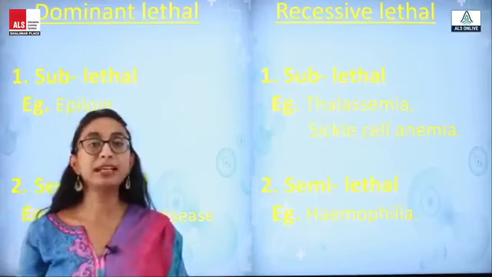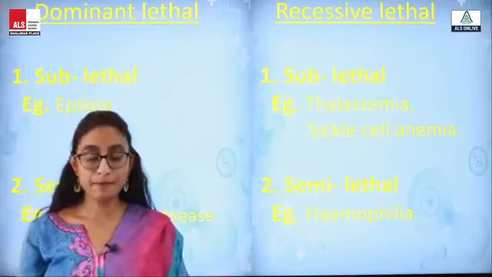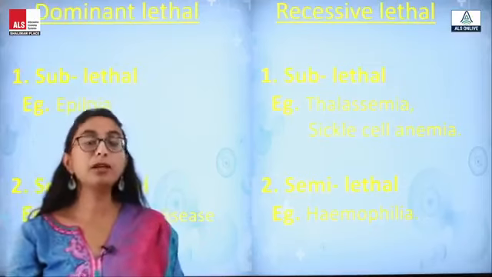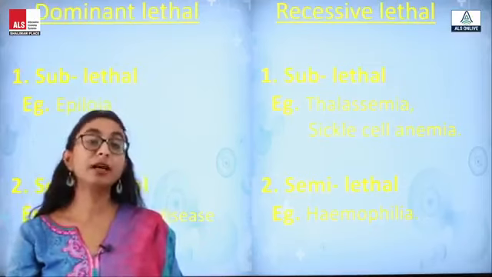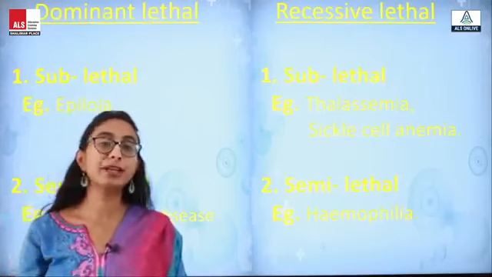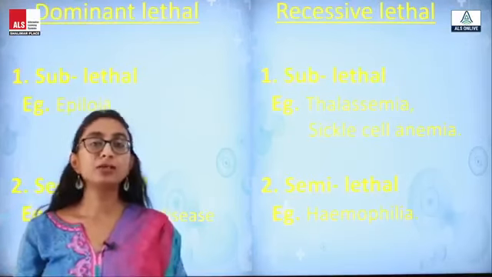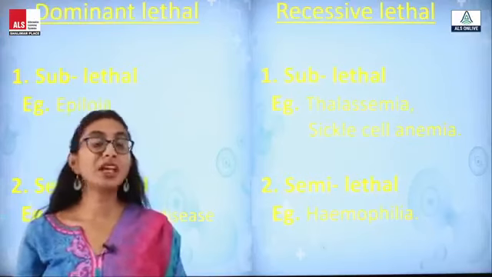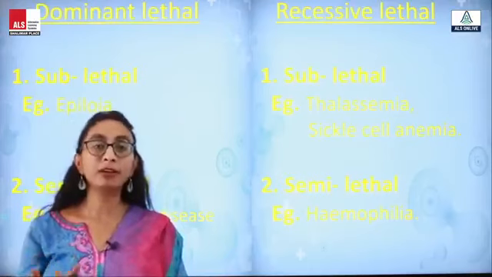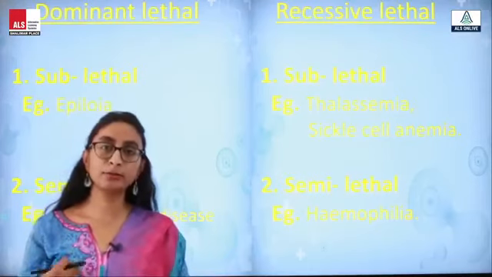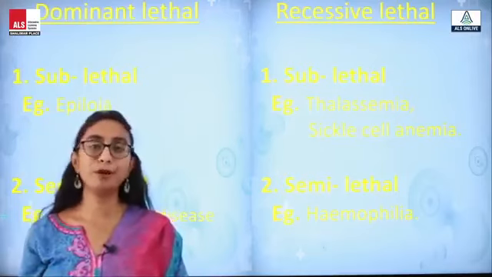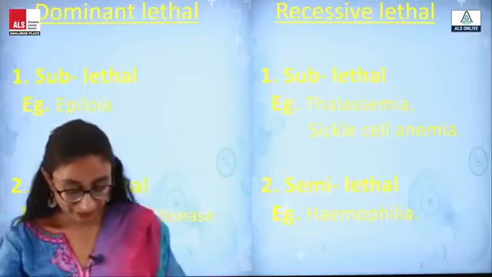The females are only carriers, because a double dosage of the defective gene would have to come together if the female were to get it. In that case, such an embryo will not even develop. In the embryo stage itself it will be killed and aborted by the body. Okay, fine.